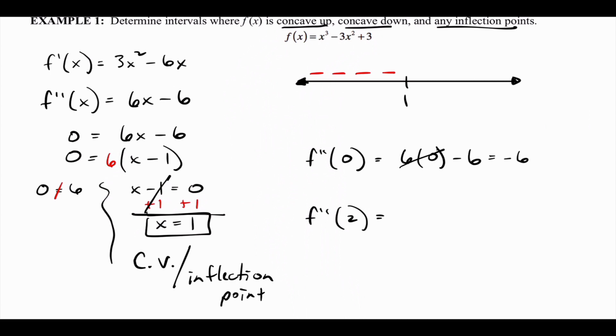Plug it into the second derivative. 6 times 2 minus 6, that's 12 minus 6, which is positive 6. Again, I don't care about the actual number. I just want to know if it's positive or negative. So positive.